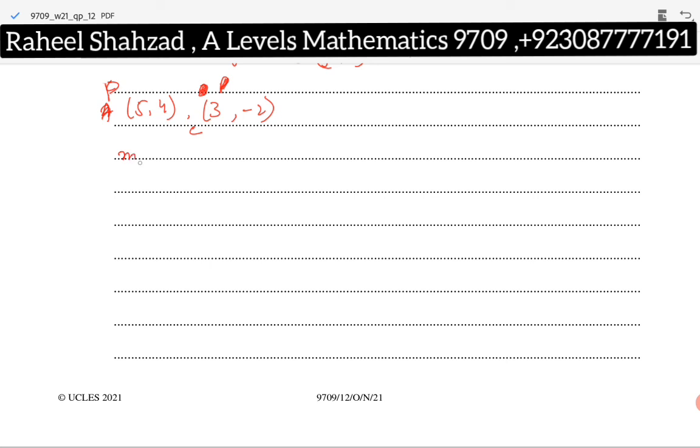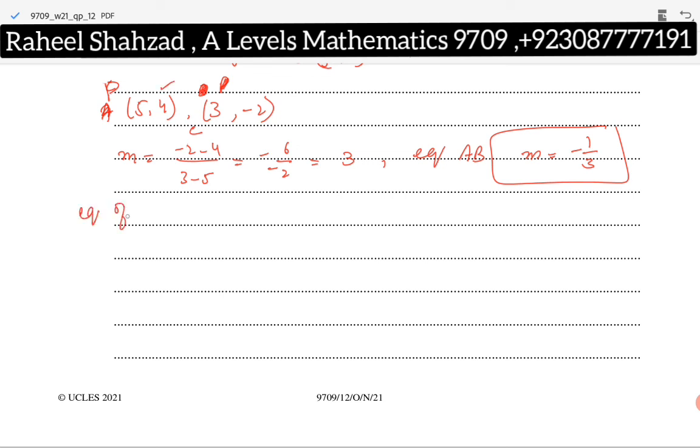Now in order to find gradient, that is equal to minus 2 minus 4 divided by 3 minus 5, that is equal to minus 6 divided by minus 2, that is equal to 3. So gradient is 3 for the radius, and for equation AB, gradient is equal to minus 1 divided by 3. Okay, so minus 1 divided by 3 is the gradient, and point is 5, 4.